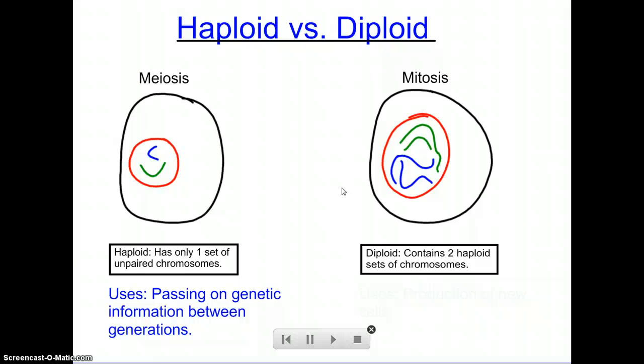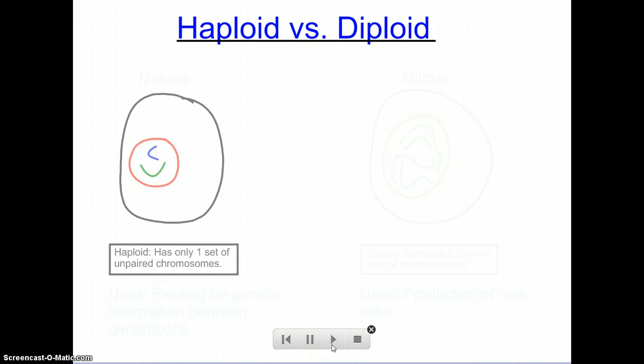What is the job of the haploid cells? I'll give you a hint. I accidentally showed you already. Yes. The haploid cells from meiosis pass on genetic information between generations. This is how you got your information from your mom and your dad. What is the use of mitosis?